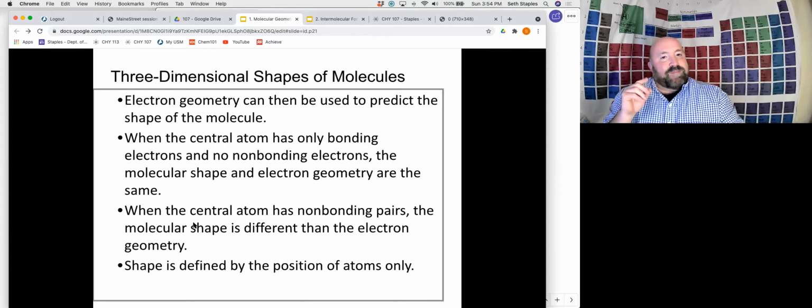This is where we have to make a distinction between what we call the electron domain geometry, which is just a look at how all of the electron groups around a central atom are arranged. But we have to remember that we don't always have just bonding groups around a central atom.